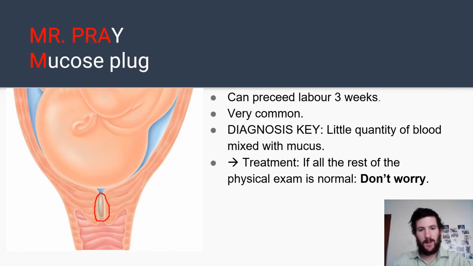But when the labor is about to come, it can occur like 3 weeks before. It doesn't have a very good relation with the onset of labor, but it can occur. Normally it's like 1 week before or 4 days before labor, but it can occur 3 weeks before. The concept here is that when the labor is about to come, this blood is expelled.